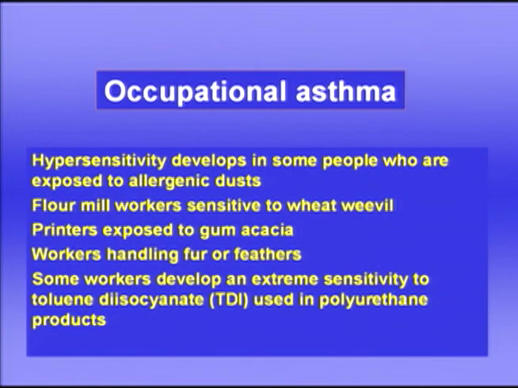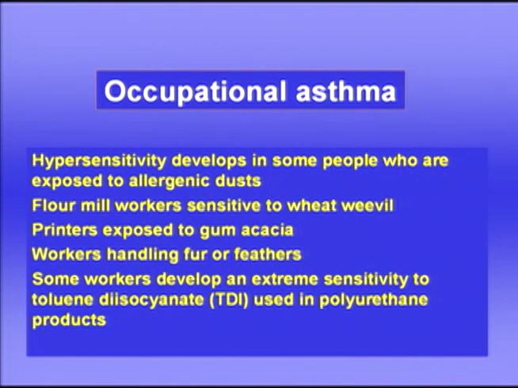Another condition that we'll mention is occupational asthma. Again, not a pneumoconiosis. It's caused mainly by organic materials, allergenic dusts, and there are a number of these. In flour mills, for example, people are sensitive to the wheat weevil in the flour, and they develop occupational asthma. It's rather like asthma, but the allergen is the material in the workplace.